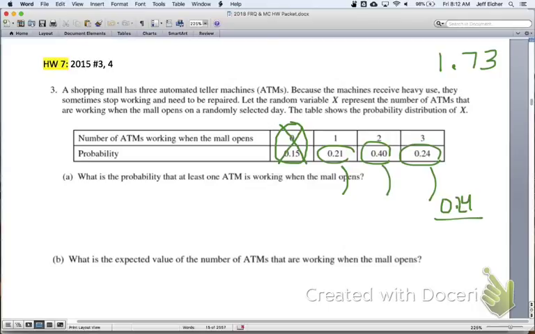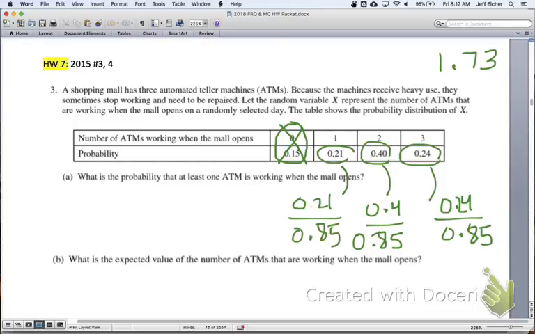Oops, that's a 2. So the new denominator for each of these is 0.85. 0.21 over 0.85. If you calculate each of these and add them together, you would get 1. That would be your new probability distribution.